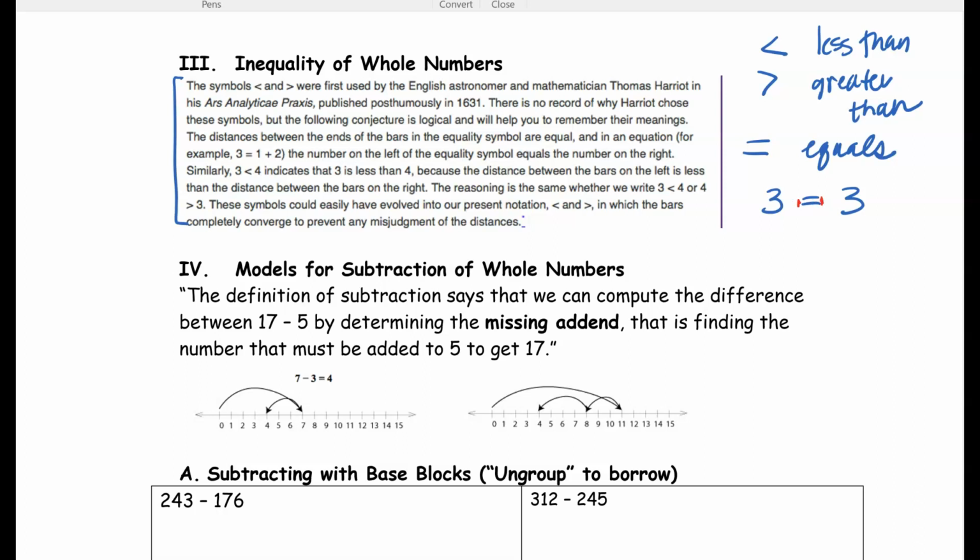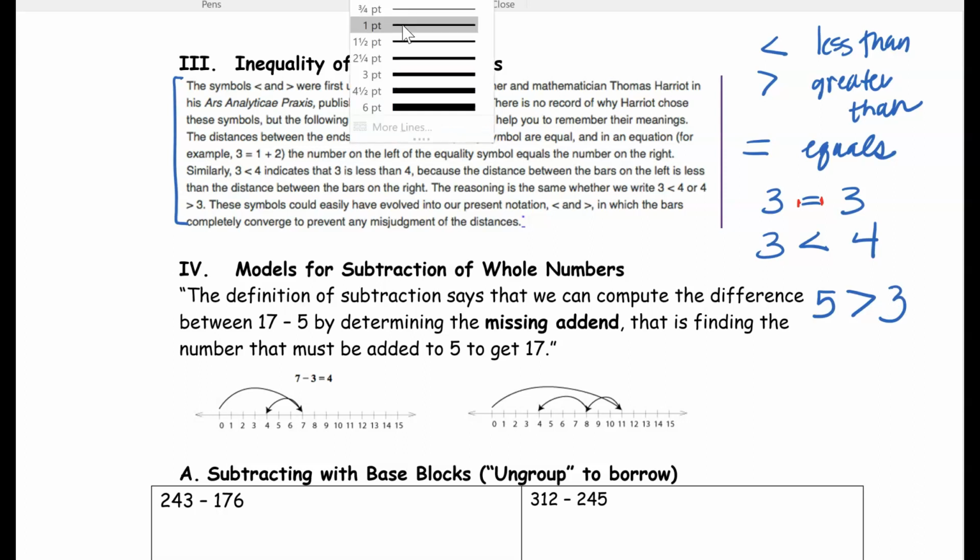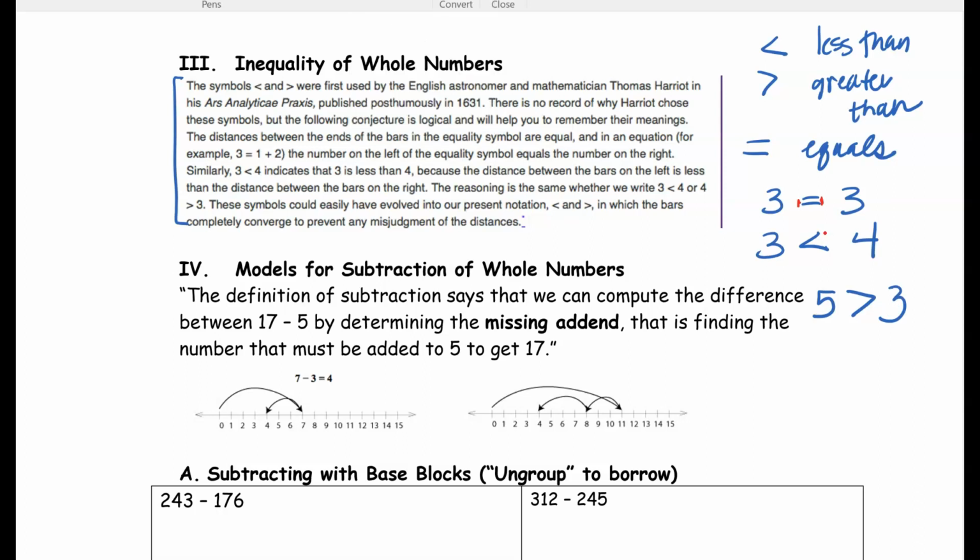If you think about the less than and greater than symbols, for instance, 3 is less than 4 or 5 is greater than 3. If you look at the distance between the two lines, the distance over here between these two ends is greater than the distance on the left. So that's why that faces the greater of the two numbers.